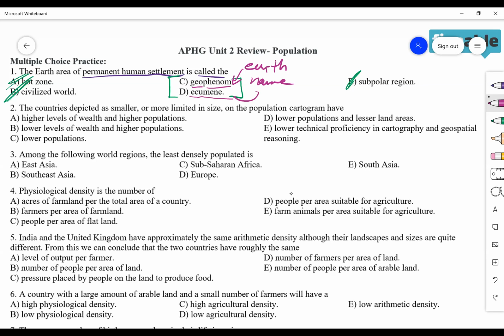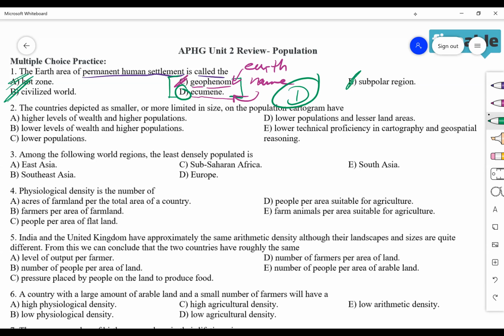Ecumene. No clue what this word means, and I cannot break down the etymology of it. Etymology is just a fancy word for breaking down the pieces of a word, like root words. If I know it's not any of the other answers, then I can eliminate the rest, because the name for the earth doesn't sound like the name for permanent human settlement. I'm just going to have to go with D. It's my only answer left.